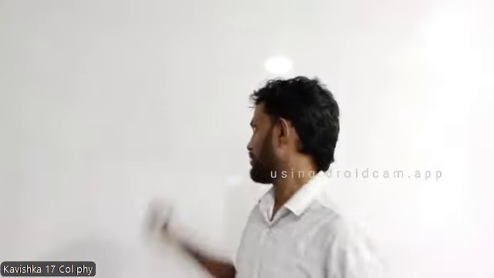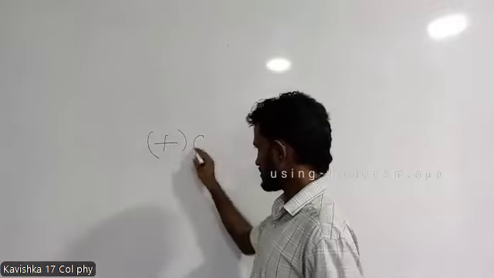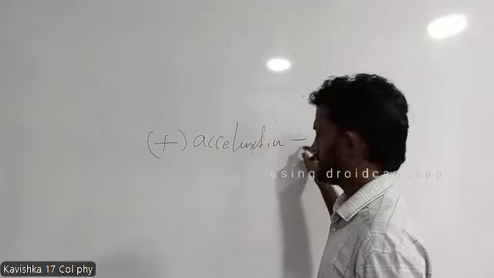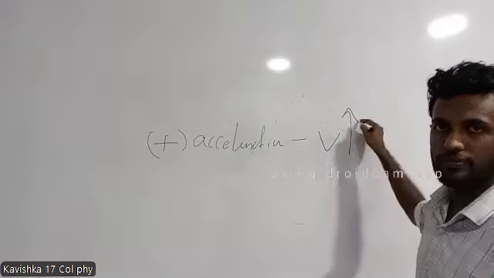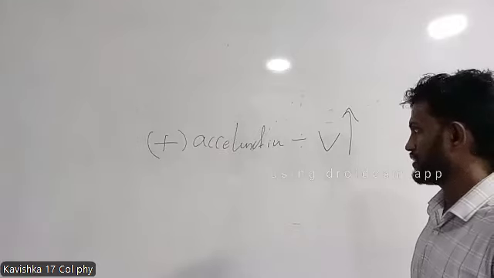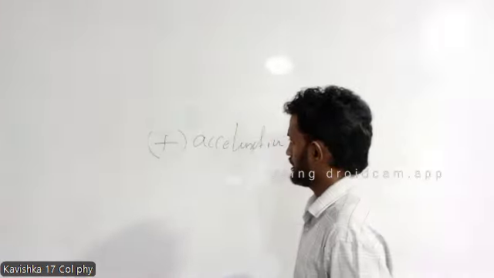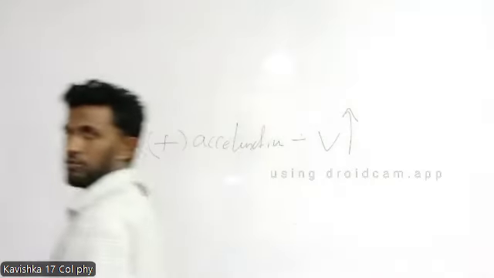When there is an unbalanced force, what can happen to the object? Two things can happen. One is that the object can accelerate. Acceleration means positive acceleration. What happens then? Velocity and speed increase.